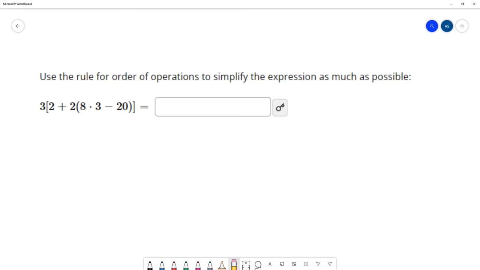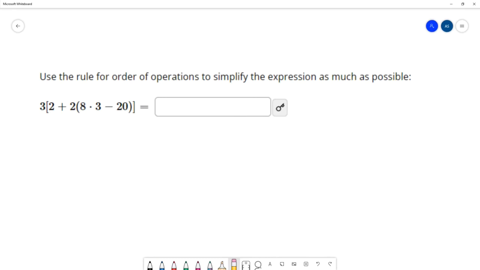In this question, we want to use the rule for order of operations to simplify the expression as much as possible. We'll simplify 3 times [2 plus 2 times (8 times 3 minus 20)].